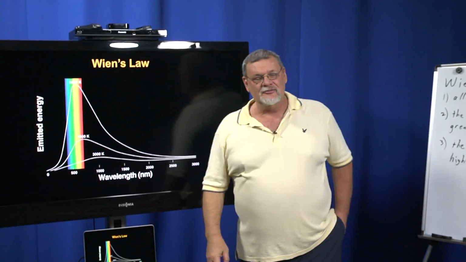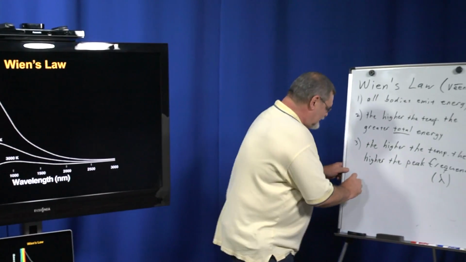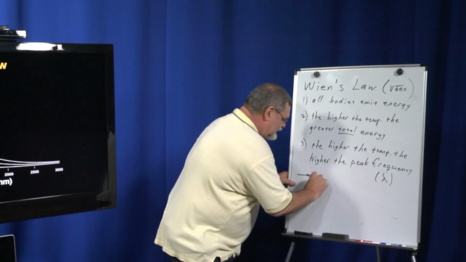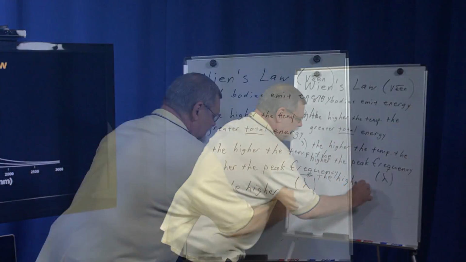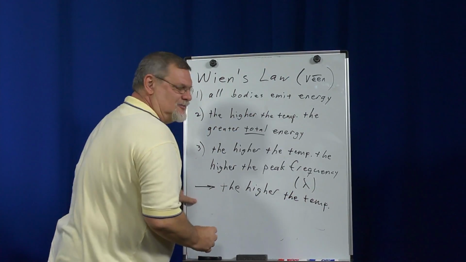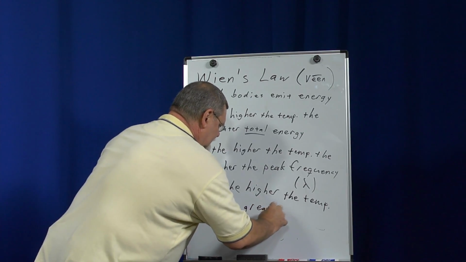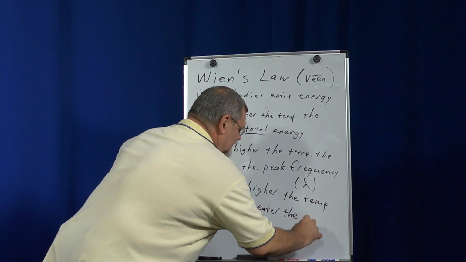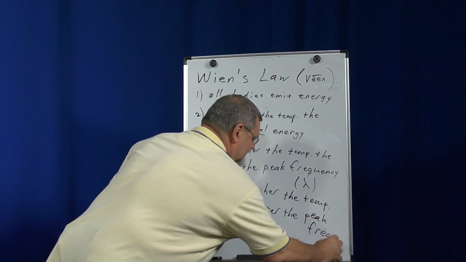So in other words, what does Wien's law tell us? It tells us the conclusion is: the higher the temperature, the greater the peak frequency. I already wrote this once, but this is the summary of it.